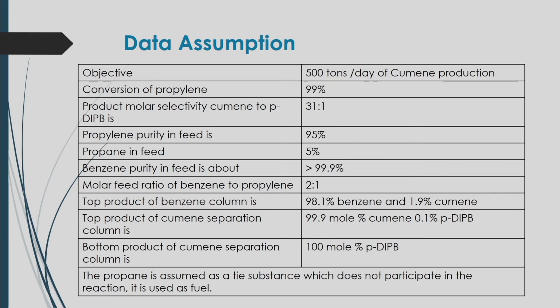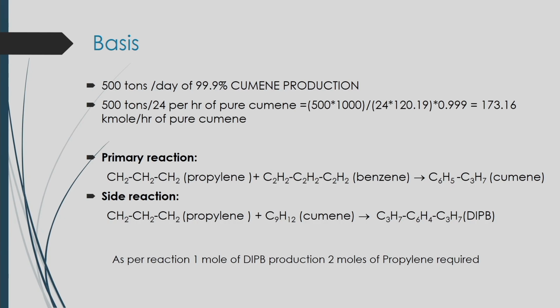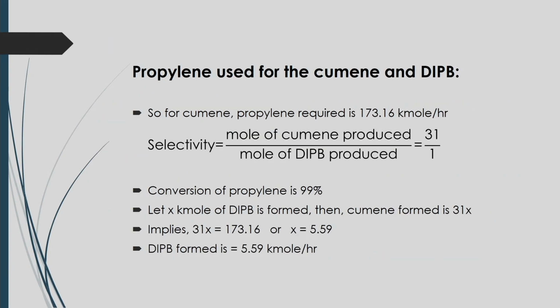So based on these data assumptions, we have done the material balance by considering the reaction stoichiometry and also the selectivity of the reactions, based on which we have calculated the amount of byproduct that will be produced, that is given here. It is around 5.59 kilomole per hour as per assumed data for production of cumene.